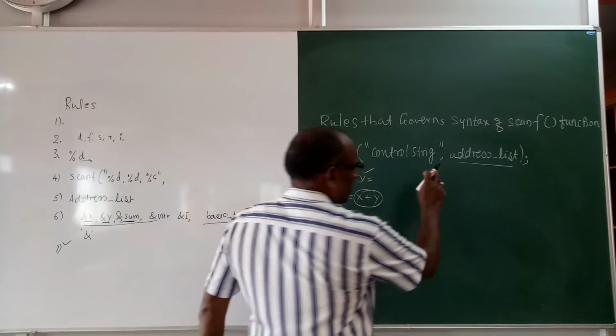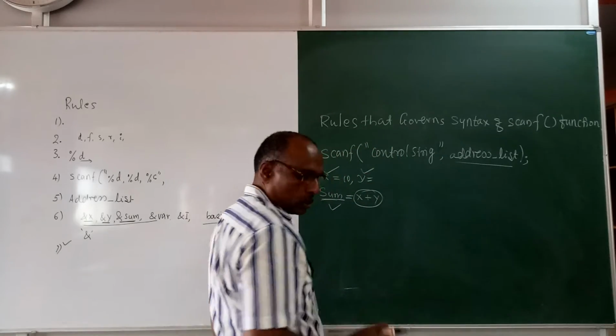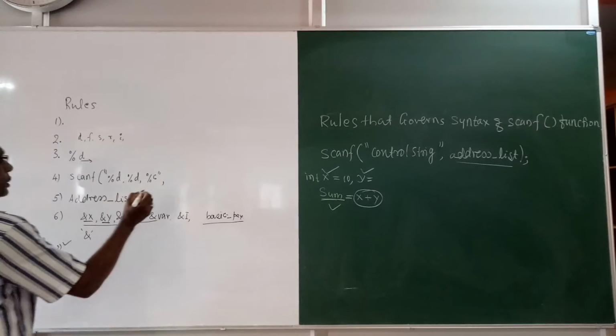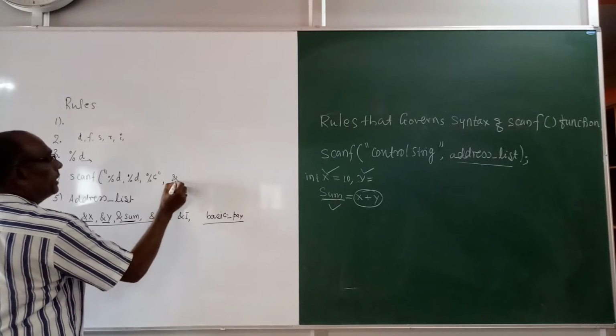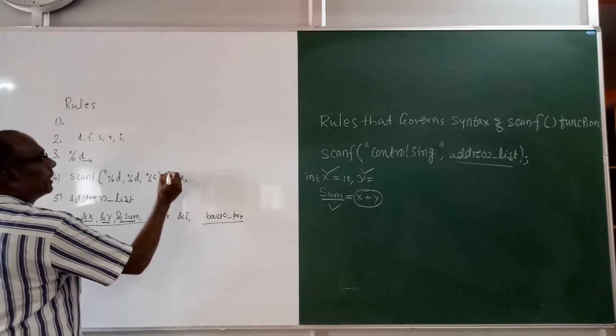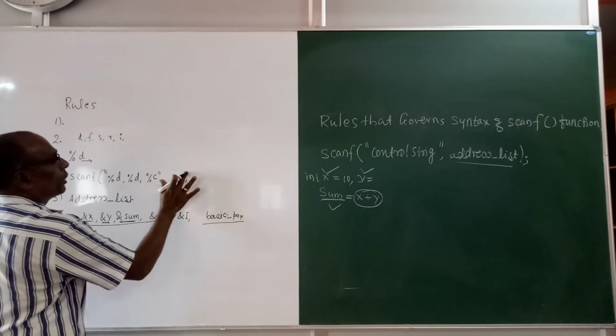Now, the address list should not be enclosed in double quotes. I should not write like this, say x comma y, it should not be written like this. This is wrong.